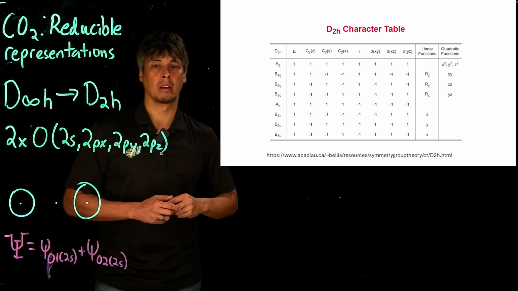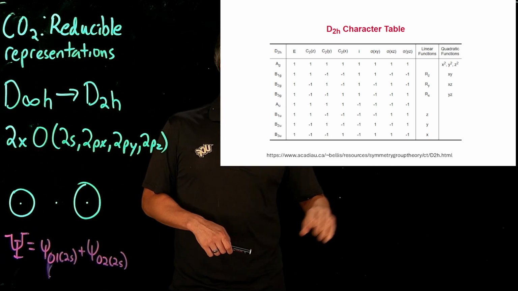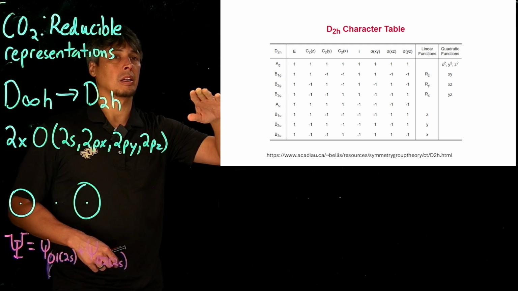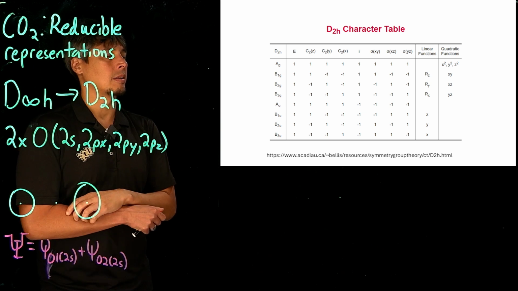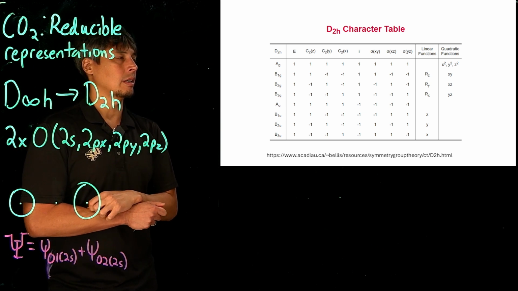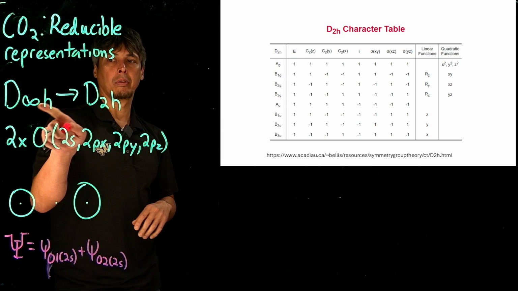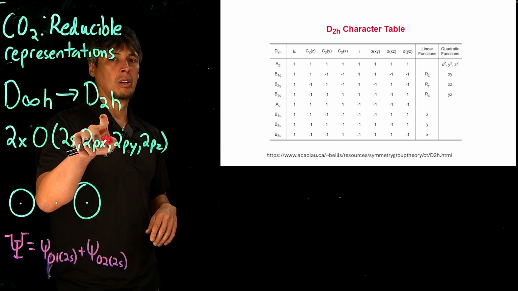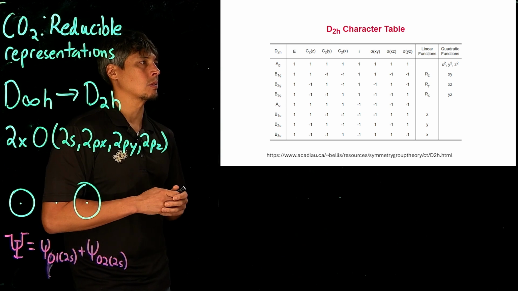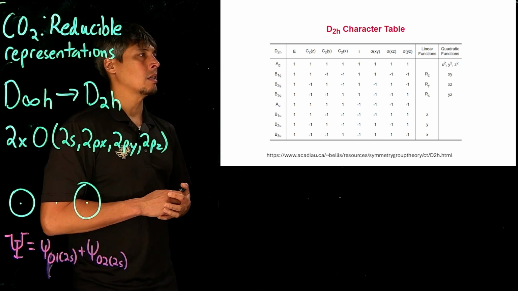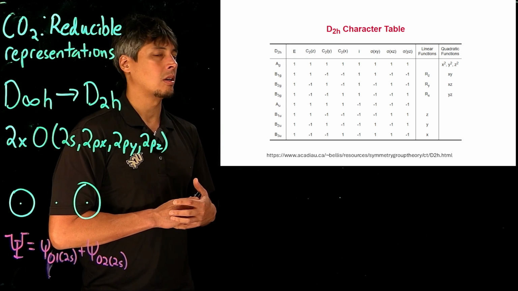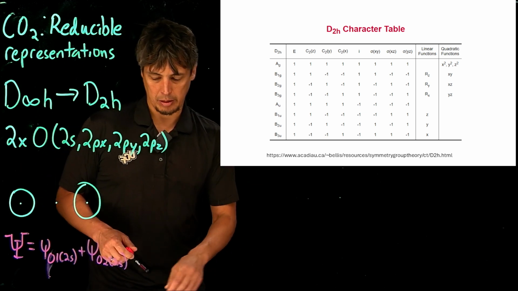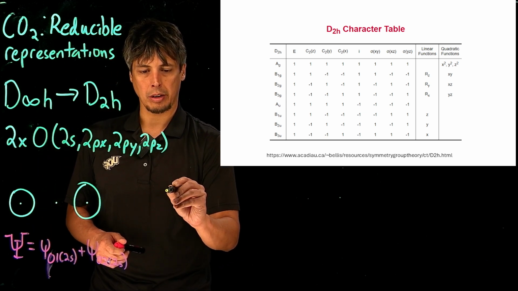Okay. Now what we see in our character table, on the top row, is the character table name, which is the D2h, which is what we've replaced our D infinity h with for the purpose of this exercise. And then on the top row, what we see are the symmetry elements. Okay, and we're going to repeat these down here.